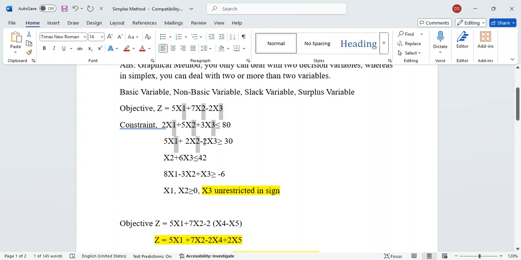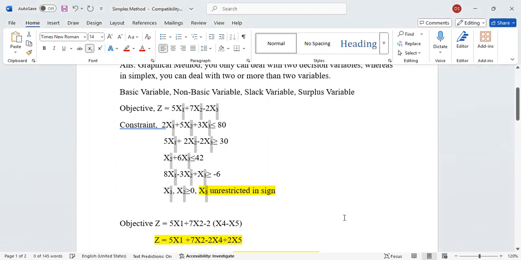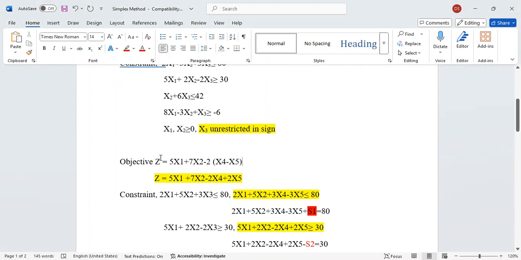Unrestricted signs are nothing but the difference of two other variables. So you make the unrestricted signs proper, by which the equation can be written. Once the equations are written, then you make it balanced.